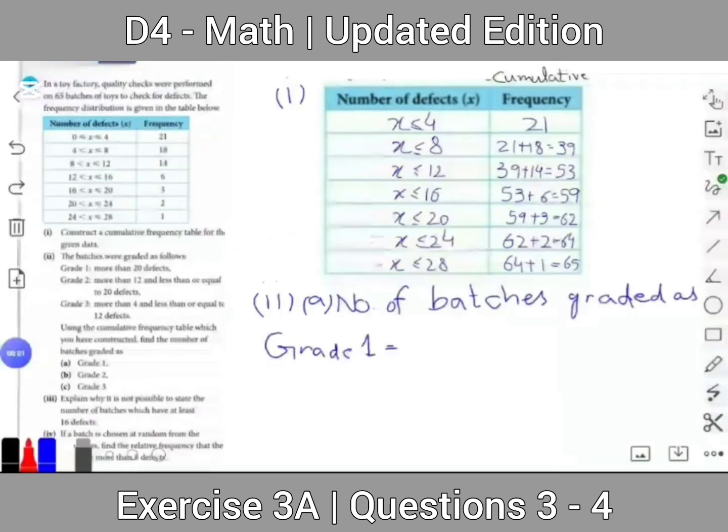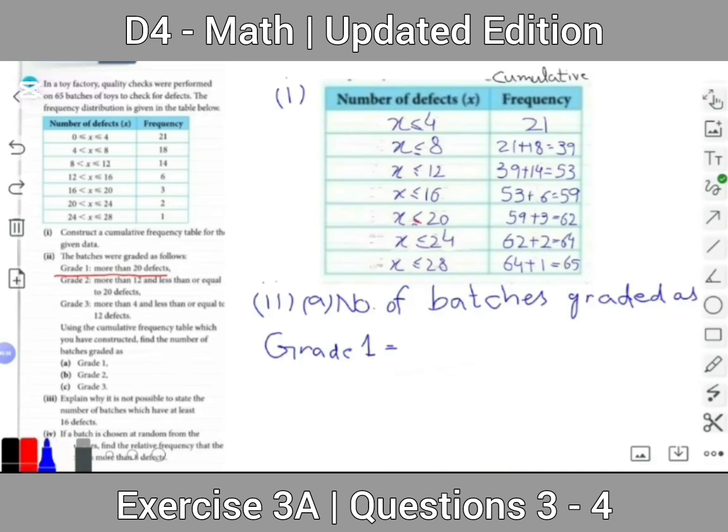Now to find out the number of batches graded as grade 1 in part 2a of question 3. Since it is given in the question that grade 1 is more than 20 defects, and since we have a cumulative frequency table of the less than or equal to type, the number of defects more than 20 is not given in the cumulative frequency table.